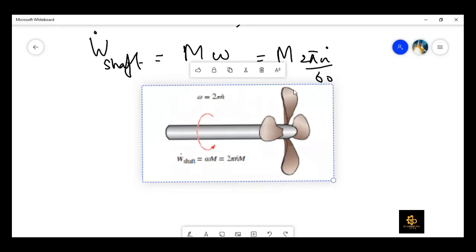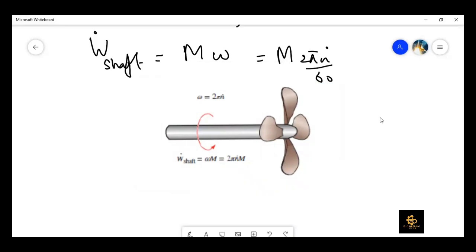Now here you can see that omega is in radian per minute, so that's why they have put n dot without 60. So it means that this shaft power would be in joule per minute, not in joule per second. If you want to have that in watts or joule per second, then we need to divide it by 60 here, as I did in the relation above, right? That was about the shaft power.